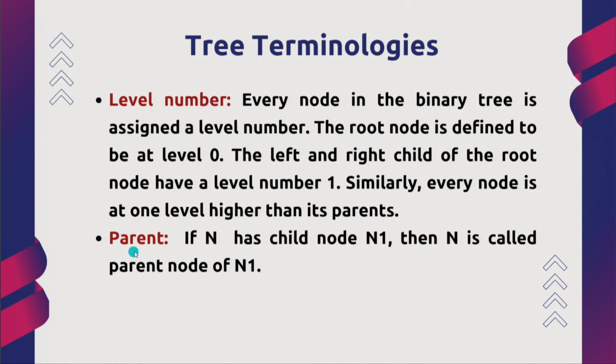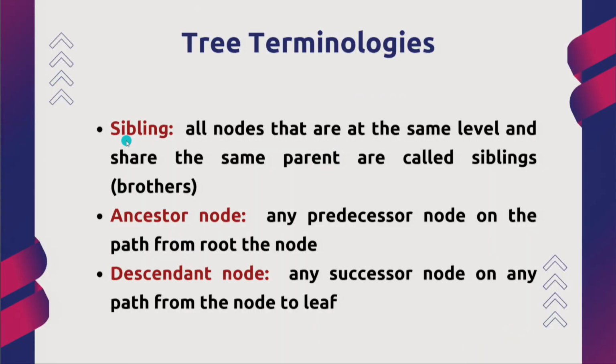And then what a parent is. For example, if n has a child node n1, then for n1, n is the parent. As I said before, among the set of intermediate nodes there will always be parent child relationships, and whatever node is a successor to a node is called its child, and this node becomes its parent. And then about siblings.